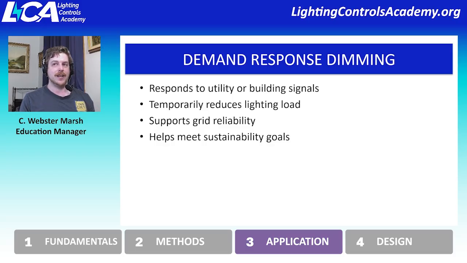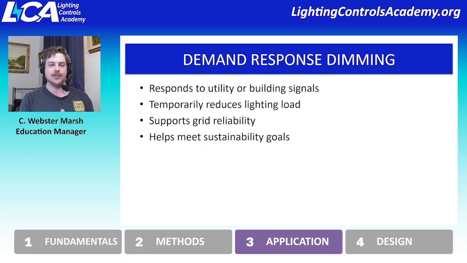Odds are people are not going to understand why the fixtures are reducing their output, and so that could be a nuisance rather than just saving energy. People might go, oh, the lights are dimming on me, I need to go over and turn them on to full output. So you might actually have the opposite effect.